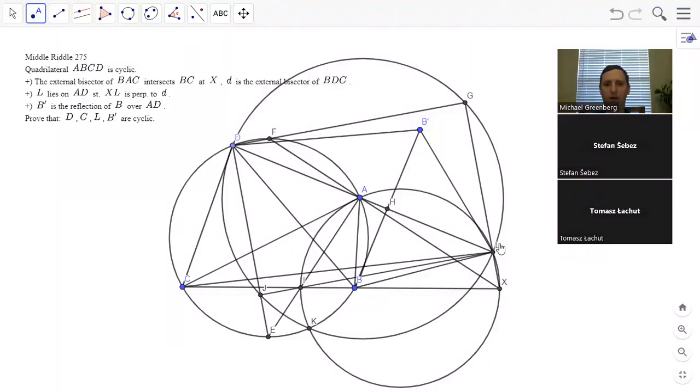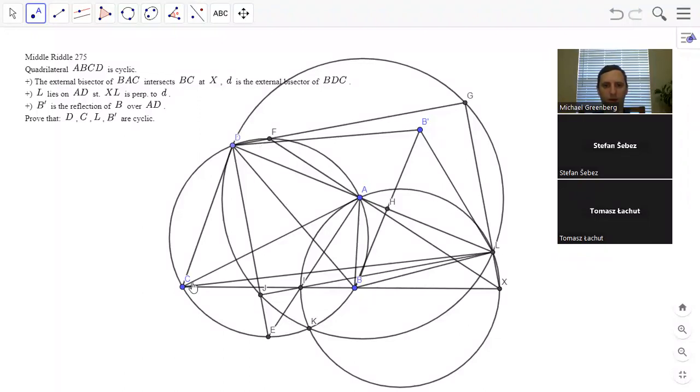AIL is AXL. Yeah, that should just be an angle chase because AXL is 90 minus this angle, which is this angle minus 90.